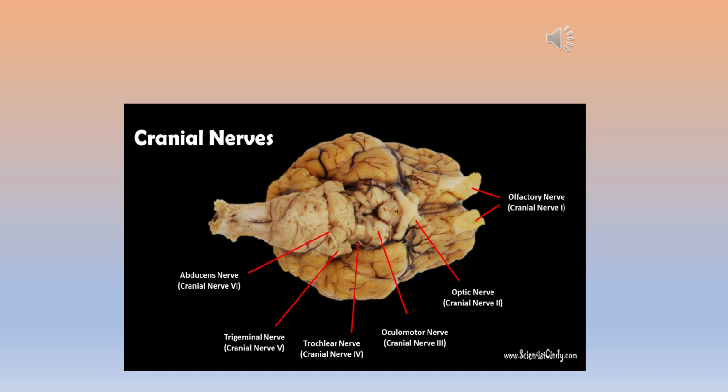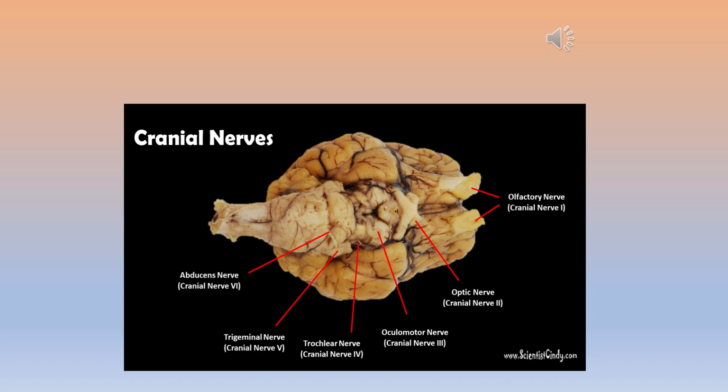The undersurface or the ventral surface of the brain is incredibly busy. There are many more things here to be identified than what she has pointed out. But since we don't have a hands-on lab where I can show you those things, I thought, well, this perhaps would be best to just keep it simple.